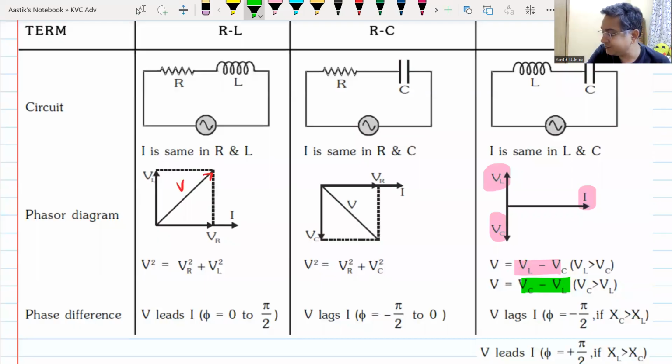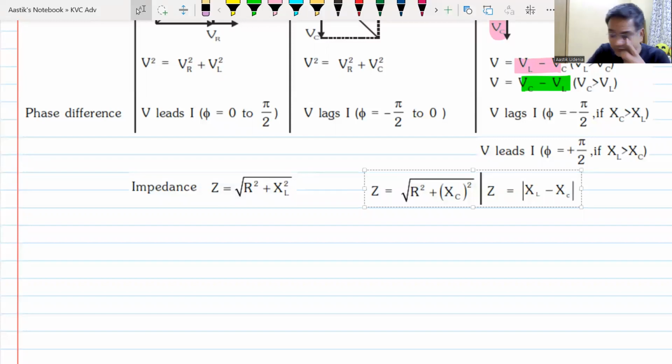Then let us move ahead with the next terms here. Now, what we can see is the value of impedance.